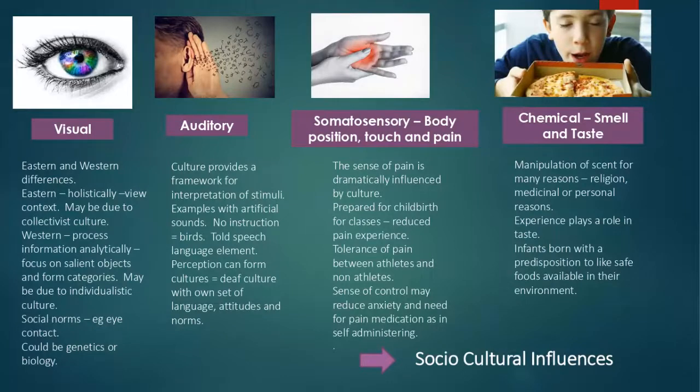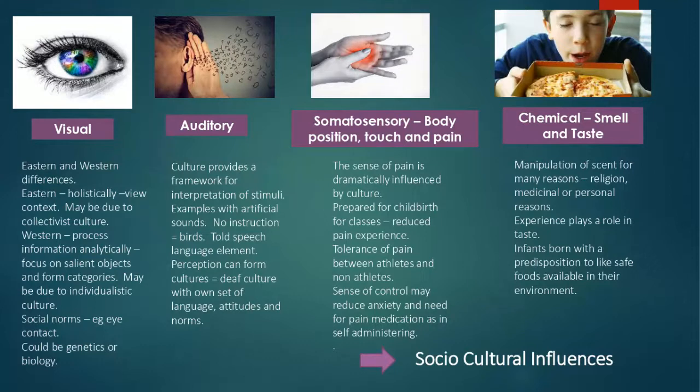Eastern cultures tend to see things more holistically. They have a more collectivist culture as a group, so that would impact how they perceive a visual stimulus. Whereas a Western culture processes information more analytically and focuses on specific objects and categories. That could be due to their individualistic culture.